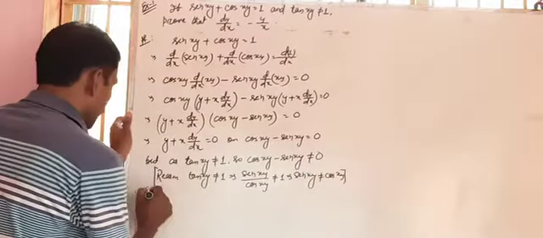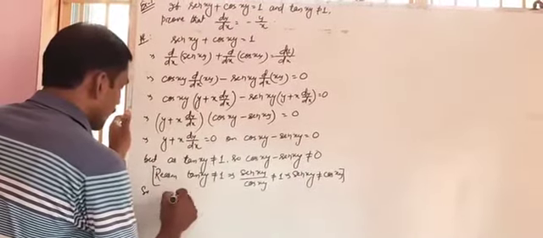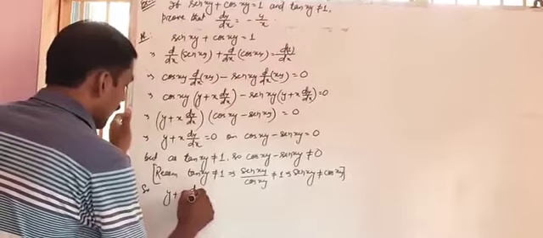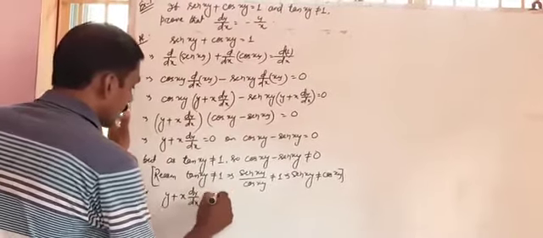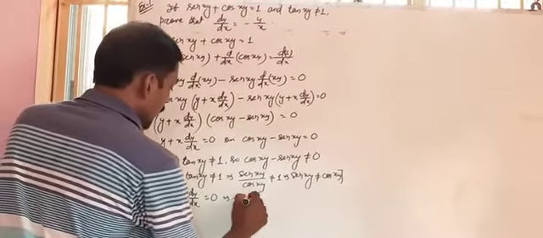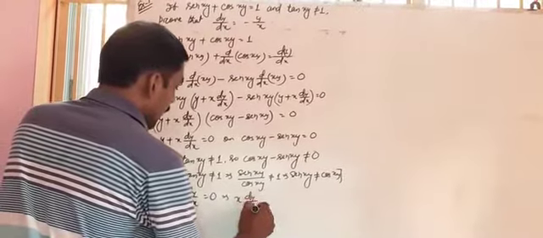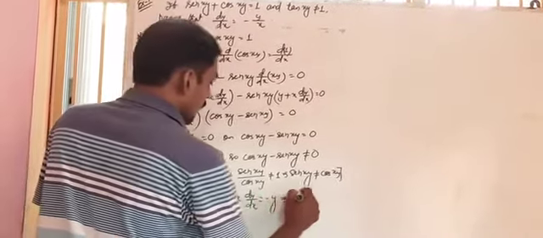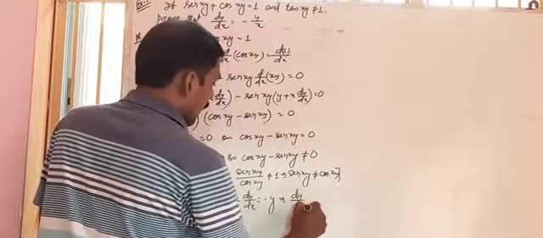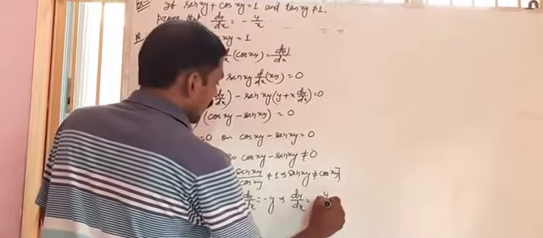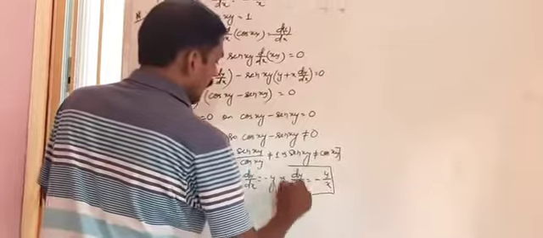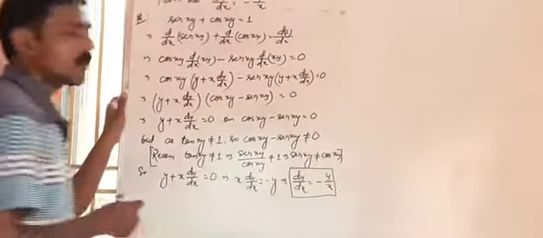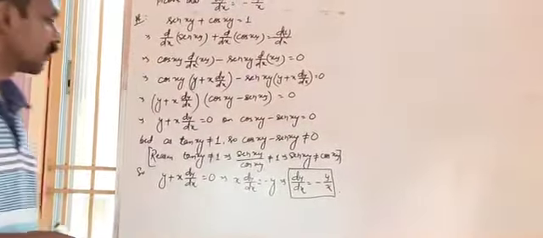So the only possibility is y plus x dy by dx equals 0. This implies x dy by dx equals minus y, taking y to the right hand side, or dy by dx equals minus y by x. This is what we wanted to prove. Okay.